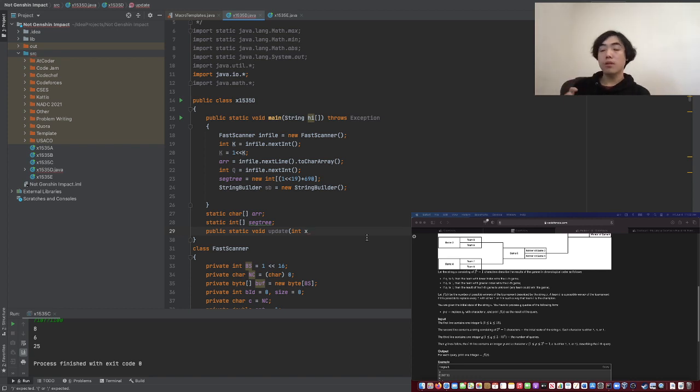Yeah, we have a node that we want to update. It's not necessarily a range. Once we have this node, we want to update it based on these.